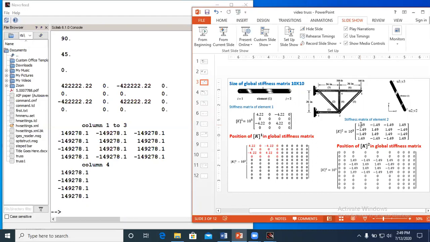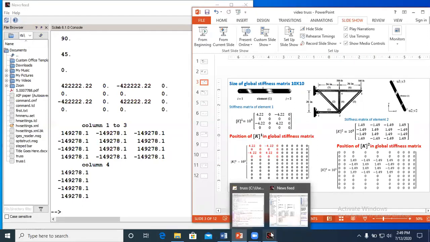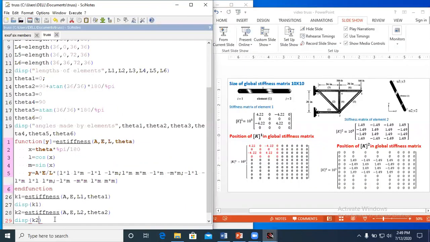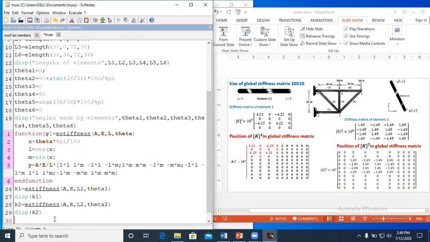It is 10 raised to 5 into 1.49, minus 1.49, minus 1.49, and on the fourth row there is 1.49. Here it is minus 1.49, 1.49 and 1.49. Now this is column number 1, column number 2, column number 3 and column number 4. You compare this with columns 1, 2, 3 and 4, and 10 raised to 5 is common from this matrix. After that you repeat the same procedure for element number 3 and 4 up to 6.